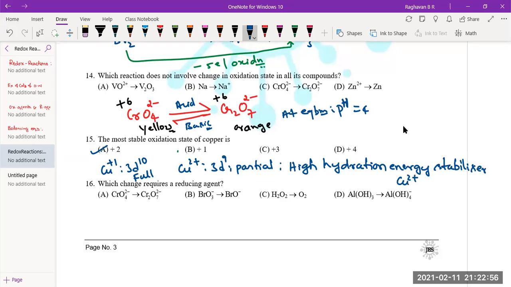So that means Cu2+ is not stable because of 3d9. Because of 3d9, it would be less stable rather. The factor which stabilizes Cu2+, then it is destabilized by this 3d9, is high hydration energy.